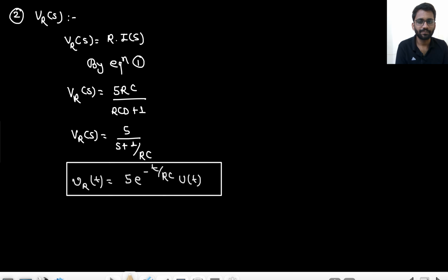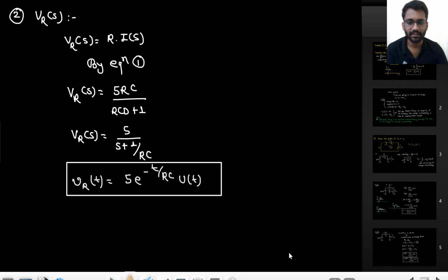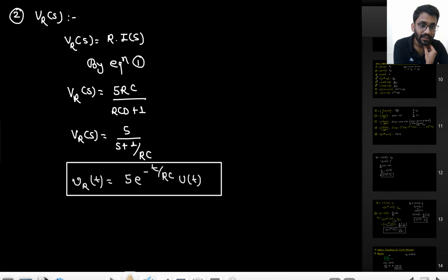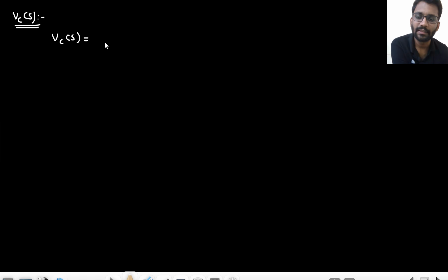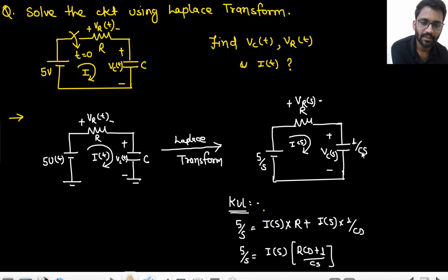Now talking about VC(s). What is VC(s)? VC(s) is 1 by Cs into I(s), right?